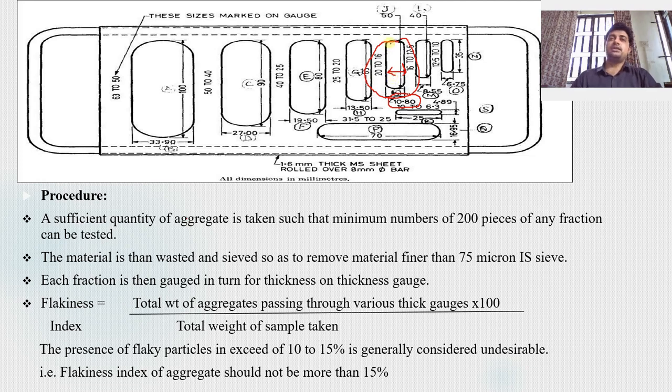Now, what is the next procedure? All this aggregate you have to pass through this portion. This is the 16 and 20 mm, 16 mm retained and 20 mm passing aggregate, and you just have to pass this aggregate, and you get the passing aggregate and the retained aggregate. The passing aggregate, whose thickness is less, is the flaky aggregate.